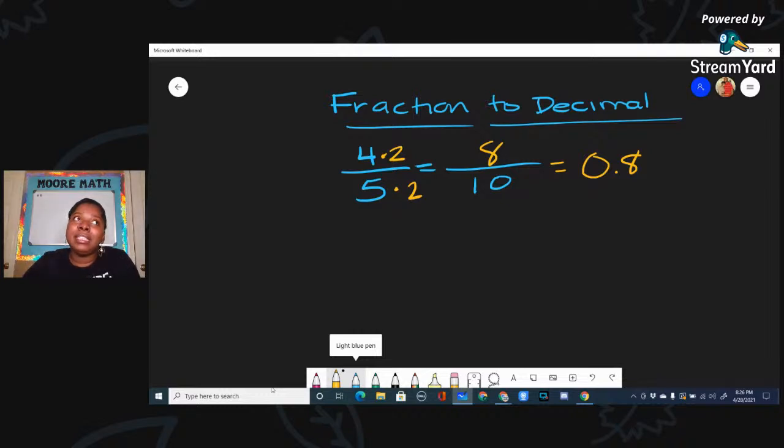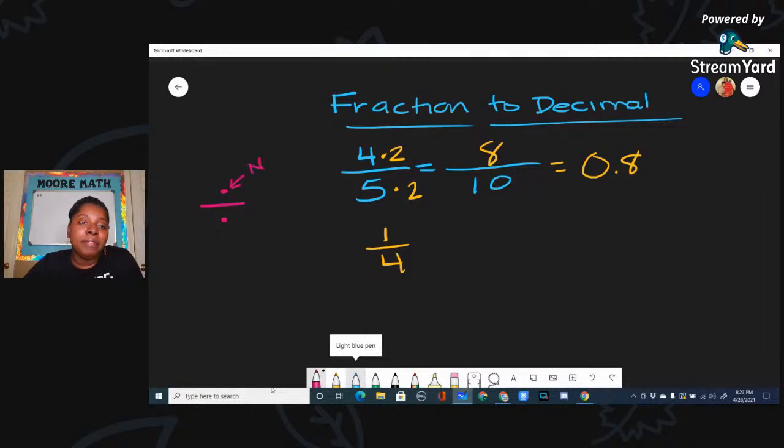But let's say we had something like 1/4. It doesn't really go into 10 easily, right? It does go into 100, but a lot of students don't realize that you can multiply by 25. So let's say you didn't know that, and you try to multiply by something and it's just not going in evenly. So this is how you would do it. Remember, that fraction bar is division, okay?